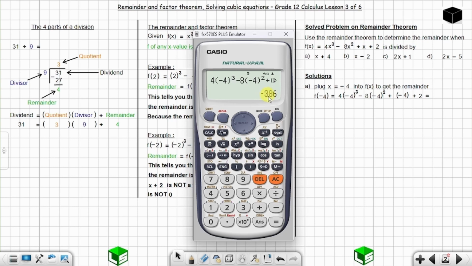Okay, negative 386. So, the remainder is equal to f of negative 4. This is equal to negative 386.